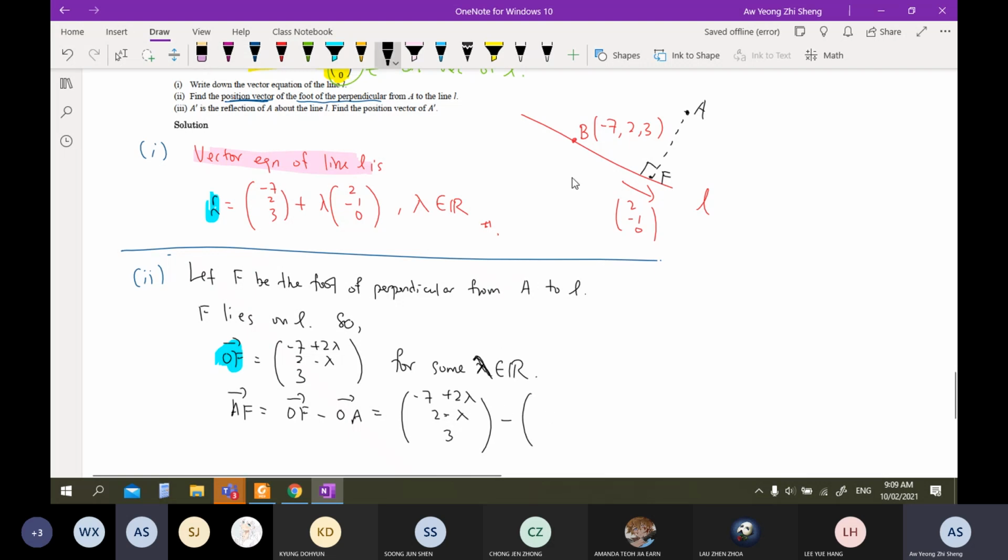A, we have the coordinates given as minus 6, minus 1, 5. Just be extra careful when you do your computations because it's easy to make careless mistakes. Although the computations are rather easy, it's just simple plus or minus. Just be extra careful.